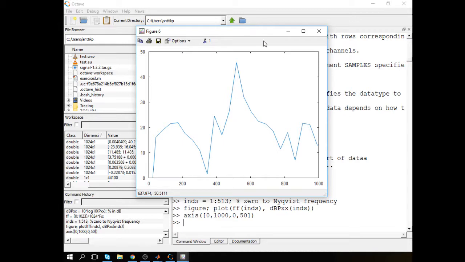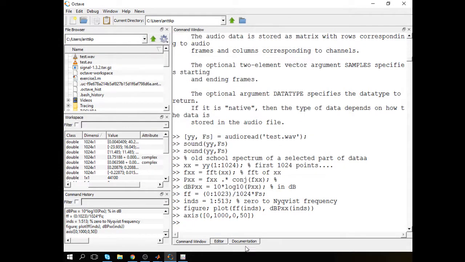Okay, there we go. So, yeah, that was the spectral response. The last one is the spectrogram, meaning the whole image of this signal.